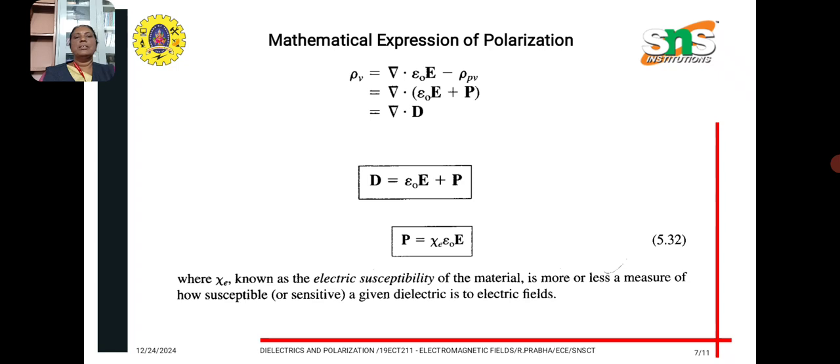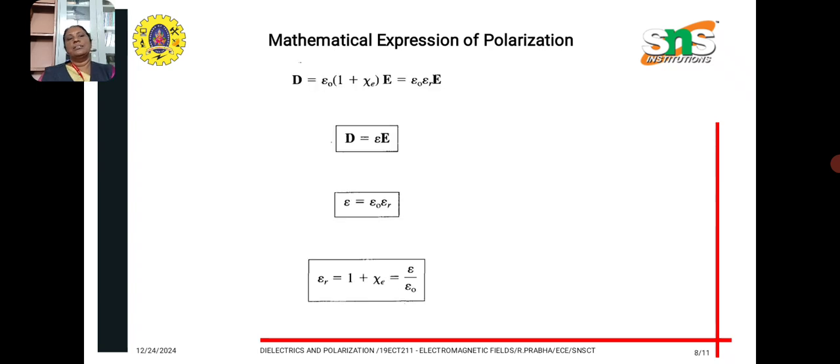Mathematically, rho V can be obtained as del dot epsilon naught E minus rho V. This can be written as del dot of epsilon naught E plus P, or it is also denoted as del dot D. We know D is the displacement density vector, D is equal to epsilon naught E plus P, and the polarization P is equal to chi e epsilon naught E. This chi e is known as the electric susceptibility of the material and is a measure of how susceptible or sensitive a given dielectric is to electric fields.